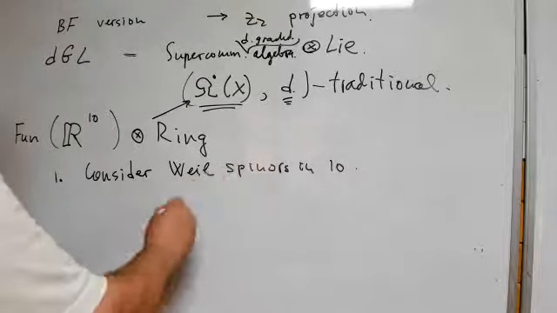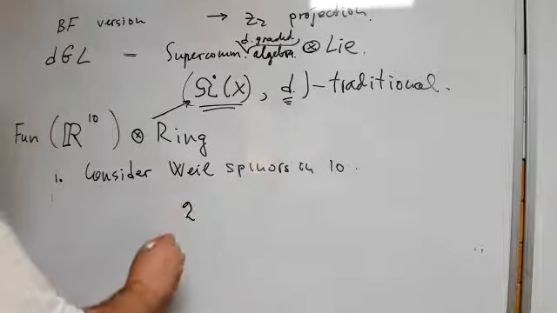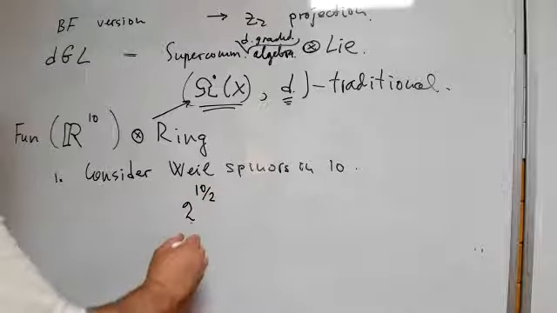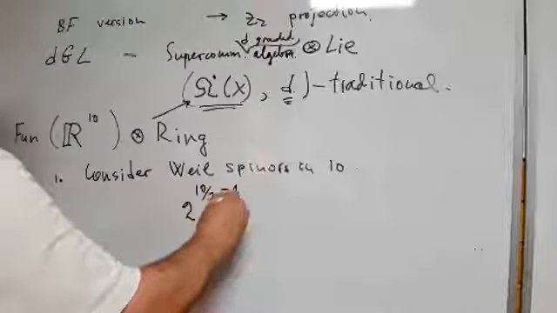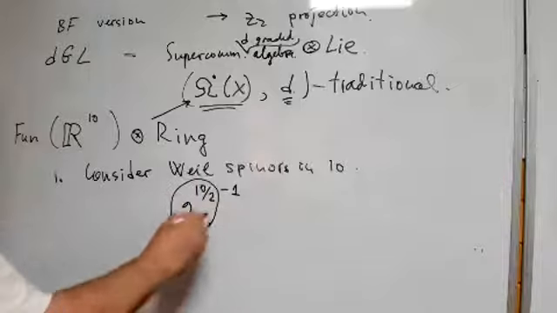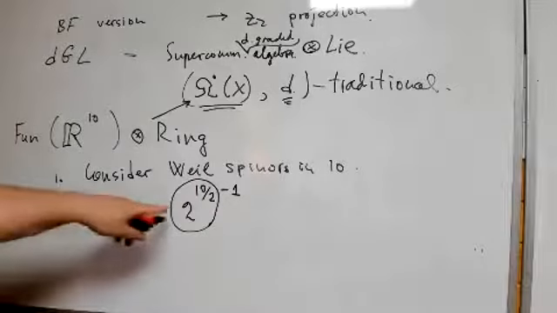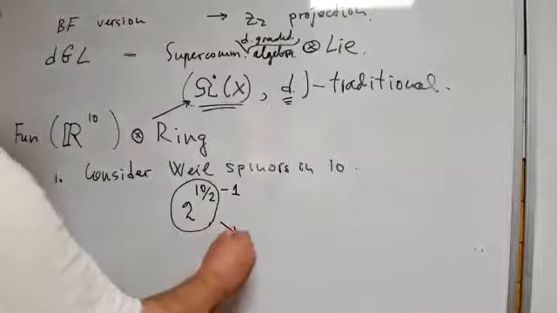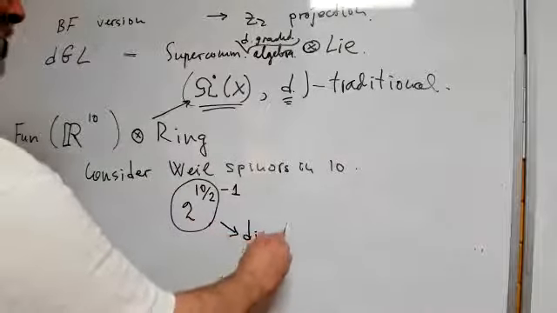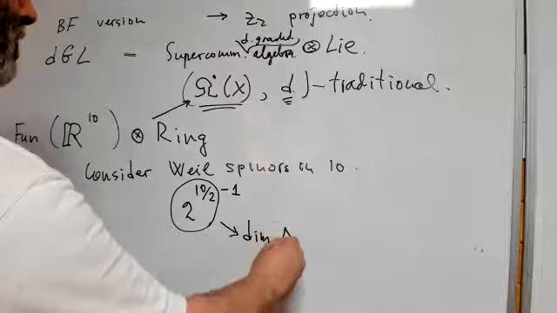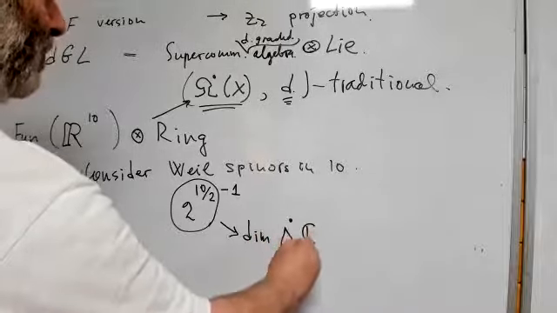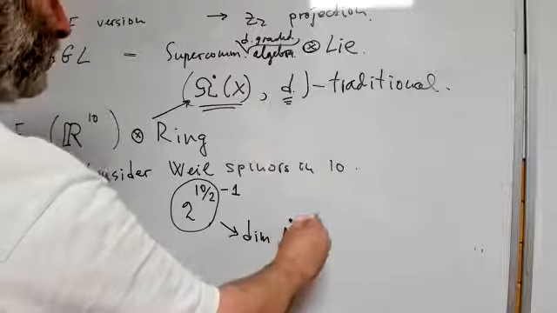The dimension is 2 to the 10 over 2, minus 1. So this is the dimension of all spinors, because this is the dimension of lambda star of C5.